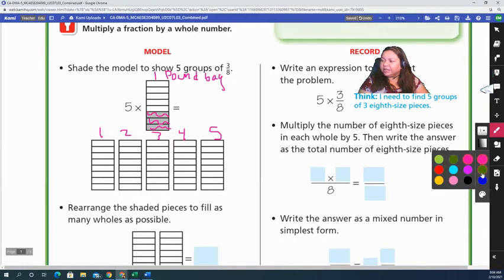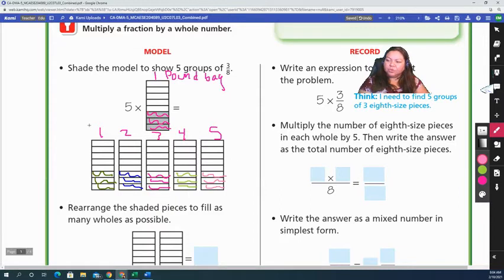So I'm going to go ahead and shade in the 3/8. 1, 2, 3, 4, 5, 6, 7, 8, 9, 10, 11, 12, 13, 14, 15. So I did 3/8 on each.